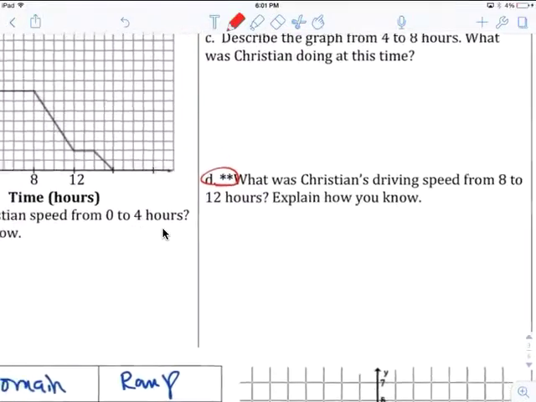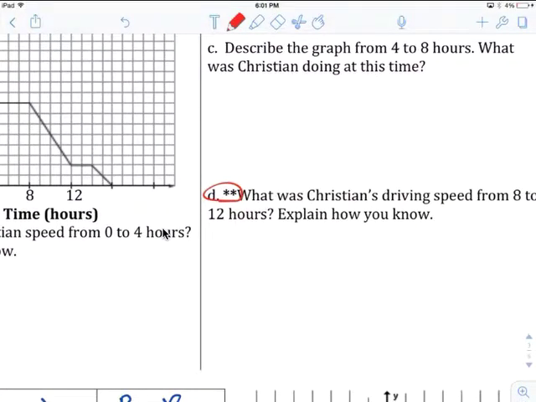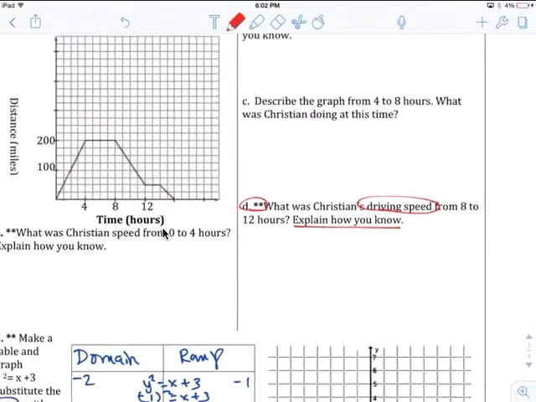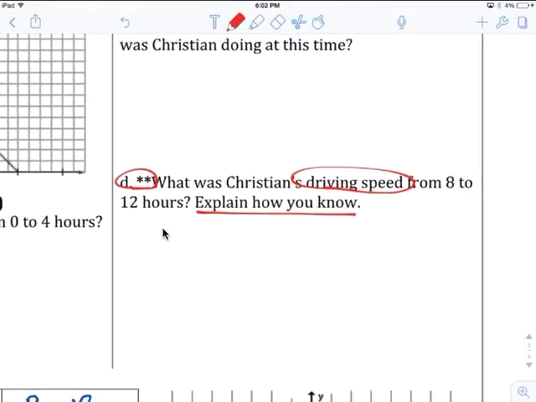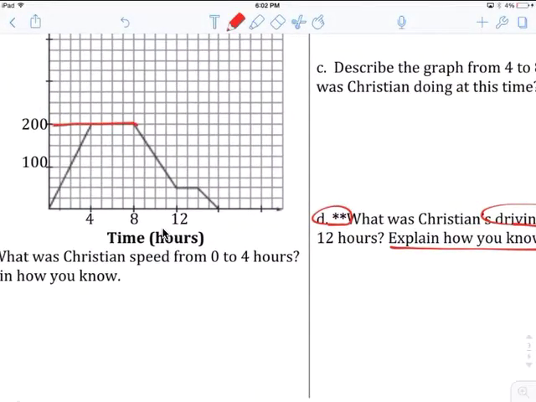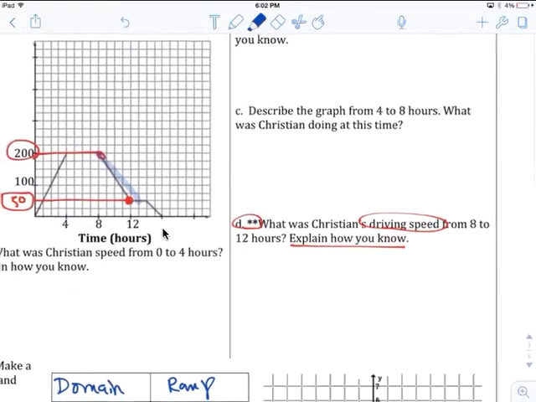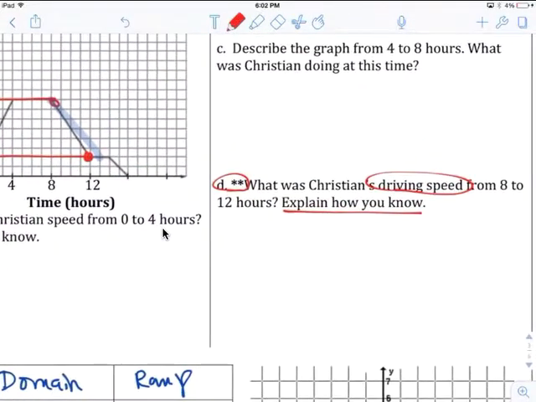8 to 12 hours. What was Christian's driving speed? Speed is distance over time. Explain how you know. Okay, so the distance that he traveled from 8 to 12 is not 200 miles, but 150 miles.